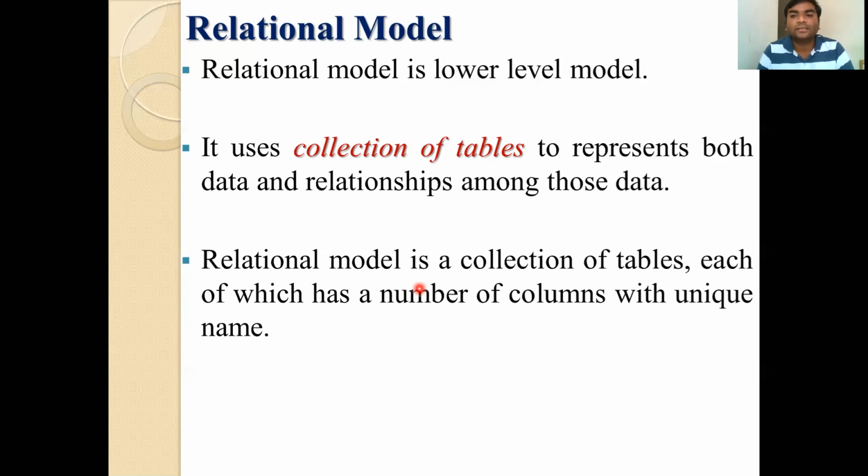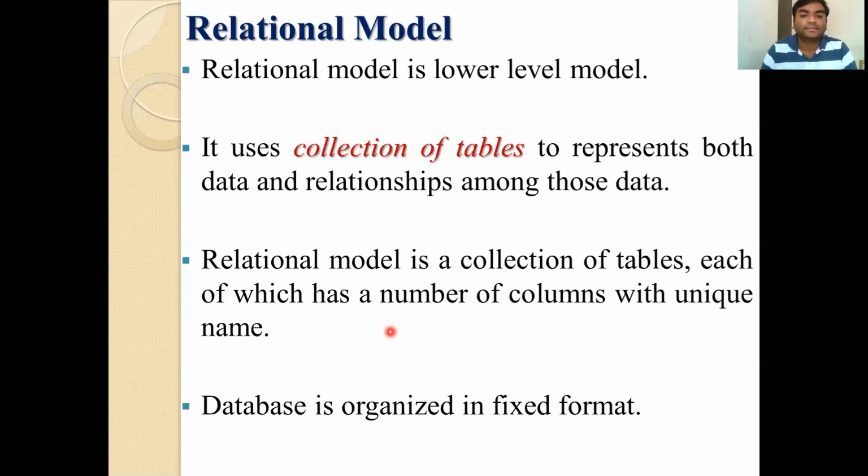It is a collection of tables. Each table has a number of columns, and each column has a unique name. There is no ambiguity, meaning no column has the same name. If there are 100 columns or 10 columns, each column has a different name. So uniqueness is maintained in the relational model.